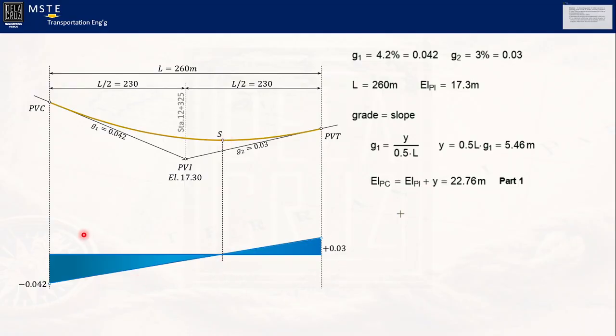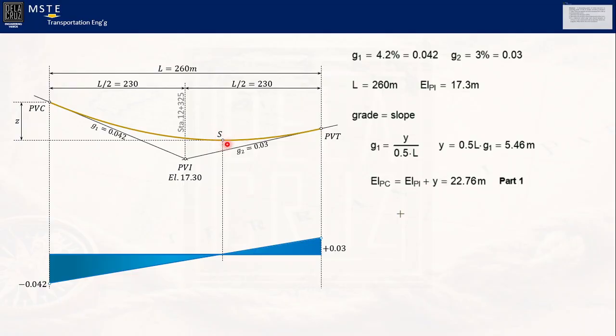So paano ba natin to gagamitin para makuha yung grade ng ating lowest point? Let's say that is station S, no? Yung sag curve, sag point natin. So if you want to calculate the S, we just need to have the value of difference in elevation between the PVC and the S. Okay?